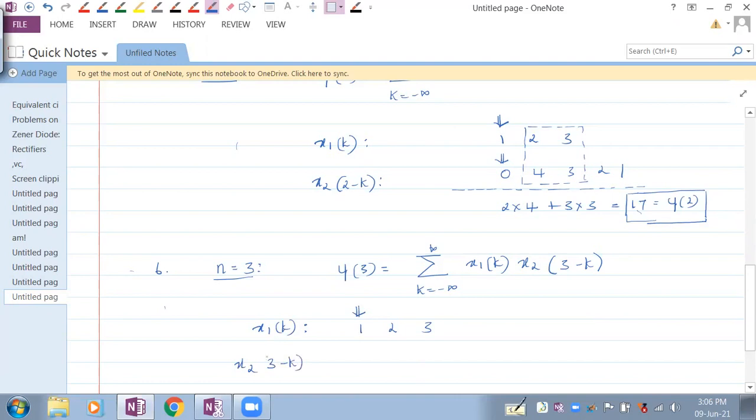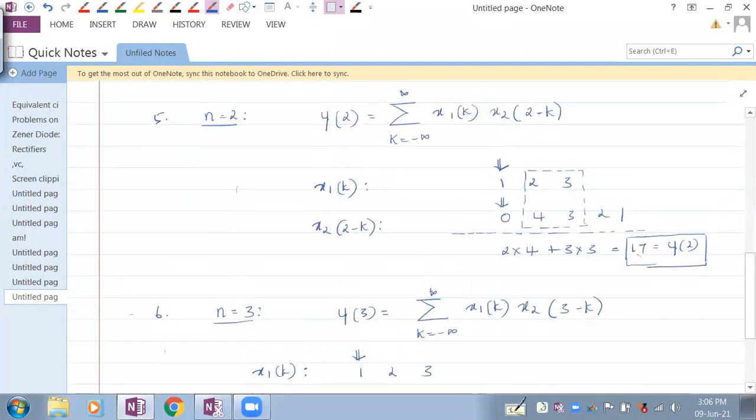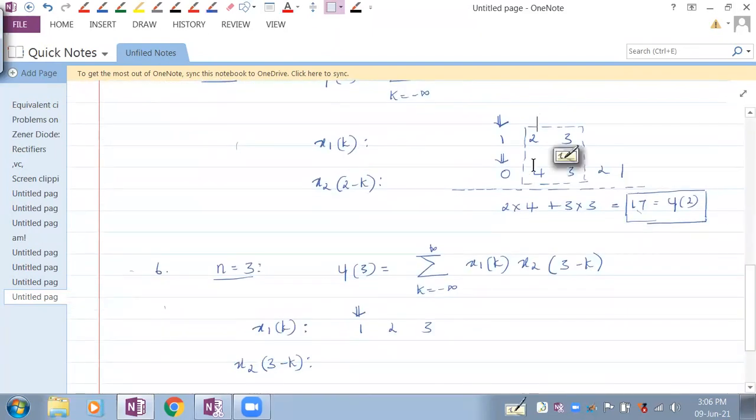What is x2 of 3 minus k? It's shifting x2 of minus k to the right by 3 positions. See here, this was shifting x2 of minus k to the right by 2 positions, which is why it was x2 of 2 minus k.